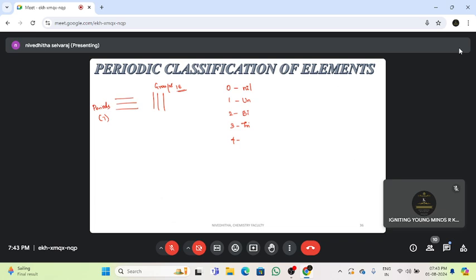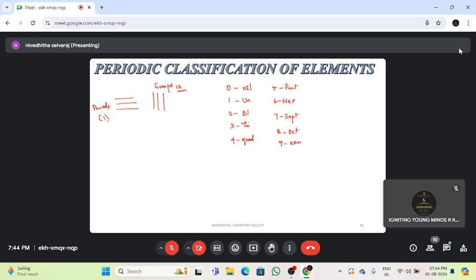It is very easy. You must have learned, right? For 4, what is the root name? It is quad. For 5, it is pent. For 6, it is hex. For 7, it is sept. For 8, oct. And for 9, it is enn.